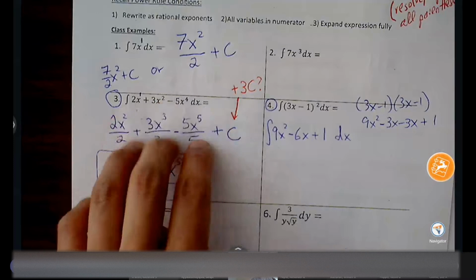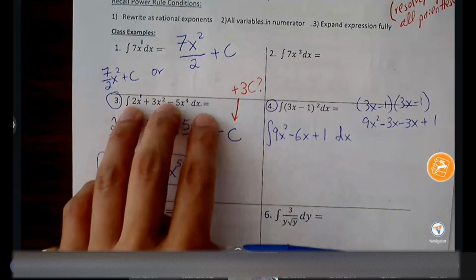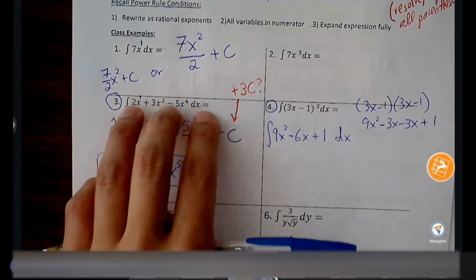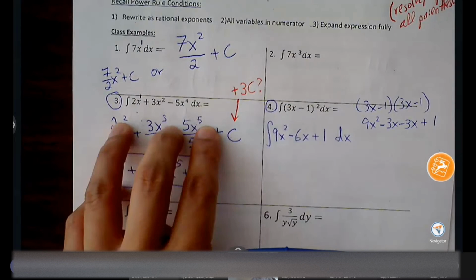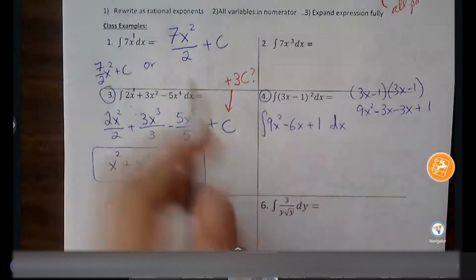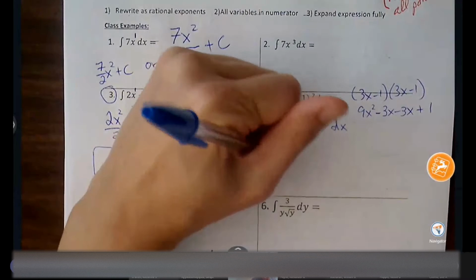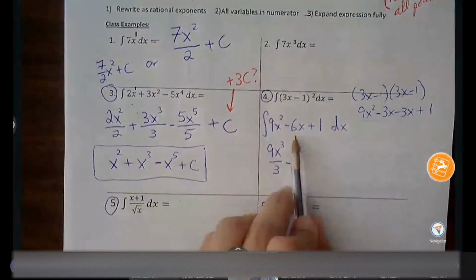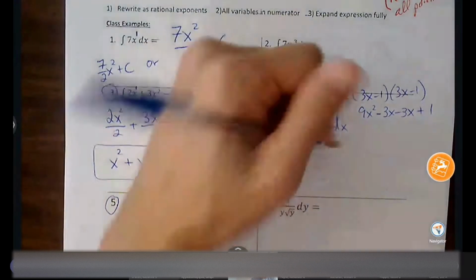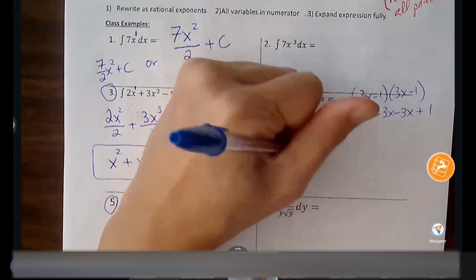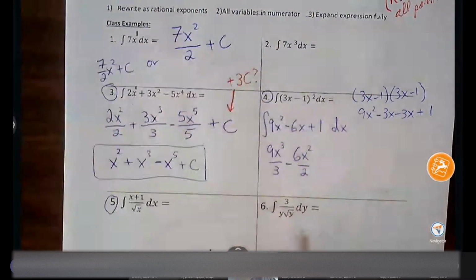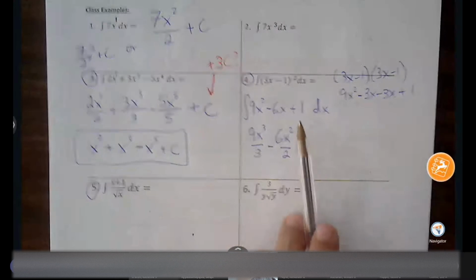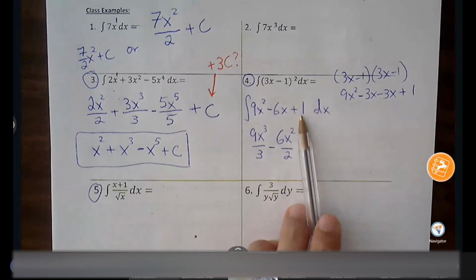So we've got to get into the mindset that when we take the antiderivative, the degree is going to rise by 1. So 9x squared becomes 9x cubed over 3. 6x becomes 6x squared over 2. So let me ask you this: what do you think is going to happen to the 1?